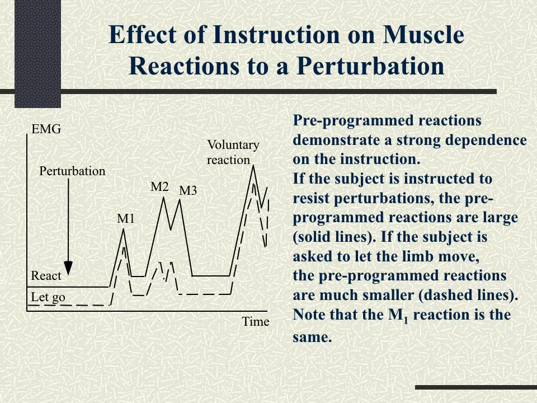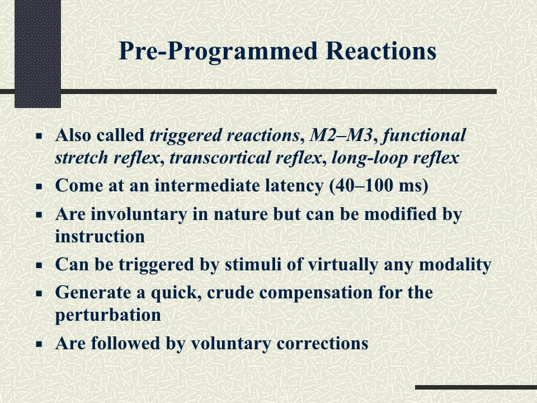So if you repeat the experiment described earlier, but this time instruct the subject to not resist that external perturbation and to let the motor do its thing, let it move the arm, then the amplitude of the pre-programmed reaction decreases significantly and may even disappear. So just the instruction itself is actually going to change the effect. And this is different than in other types of reflexes. So there they are. Here's the list of some of what I've just mentioned.